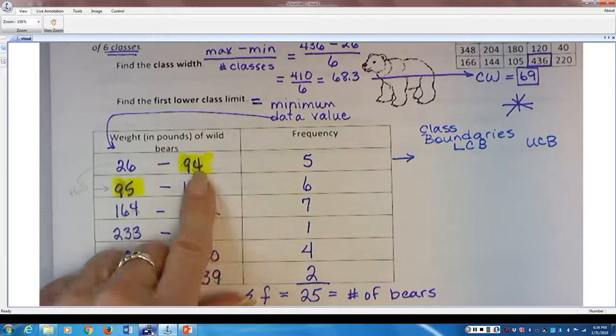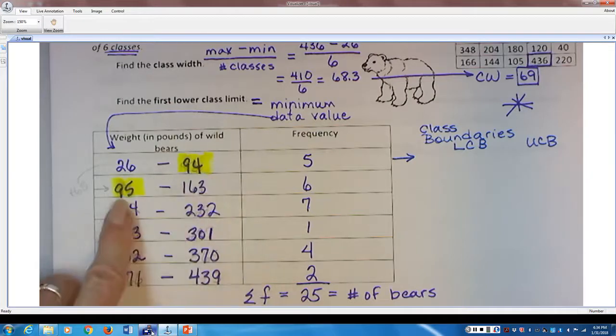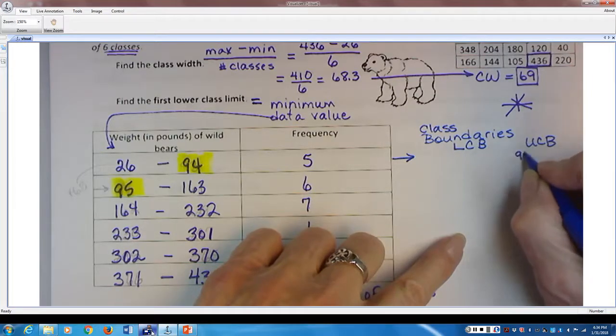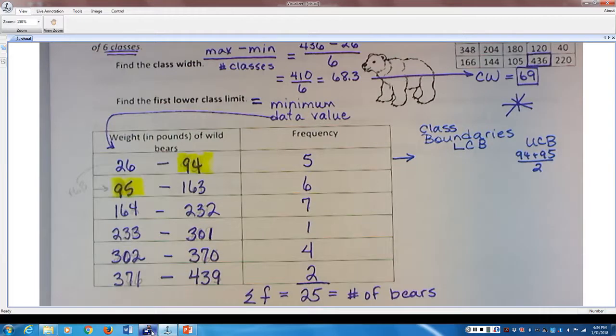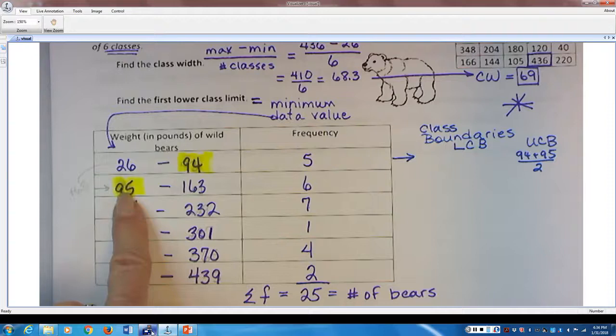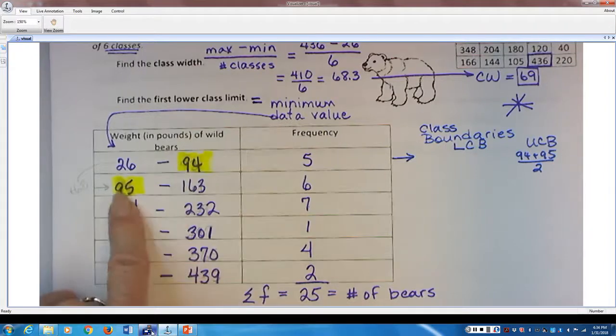This is the upper class boundary of the first class and the lower class boundary of the next class. 94.5. Yes, I think you're right. So we're going to take 94 and 95 added together and divide by 2, because that's how you find midpoints. But on this one, you probably don't even need to do the math, because what do you know is halfway between 94 and 95? 94.5.